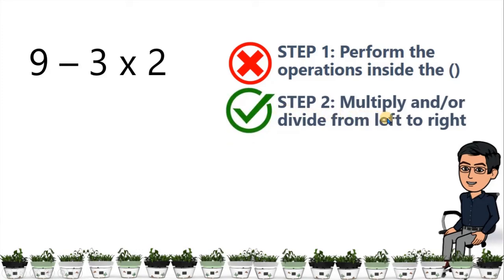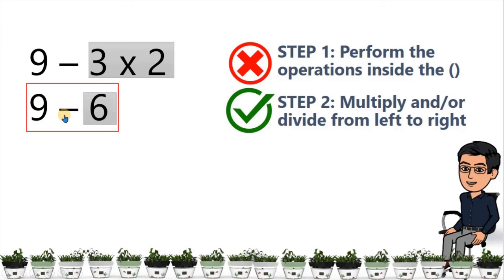And what do we do? We will do first the multiplication before we do the subtraction, because this is our step number 2. So that means we have to multiply first. And what is 3 times 2? 3 times 2 is equal to 6. So we have now our new problem, which is 9 minus 6.